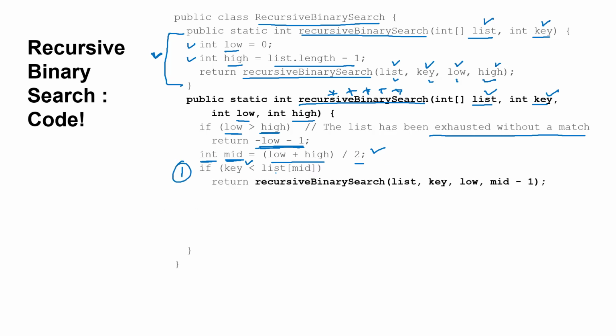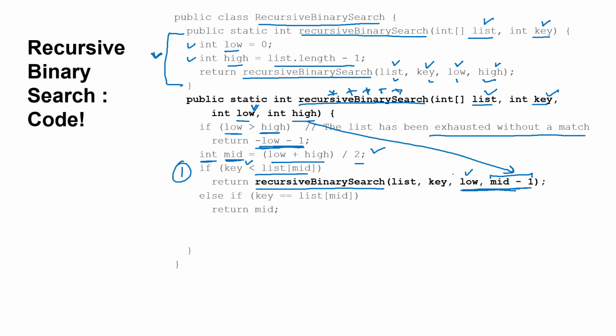Case 1, if the key is less than the middle element, then we need to do recursive binary search on the left subarray. Why the left subarray? Because our low did not change, but the high has been changed to mid - 1, which ensures that we are searching only the left subarray.